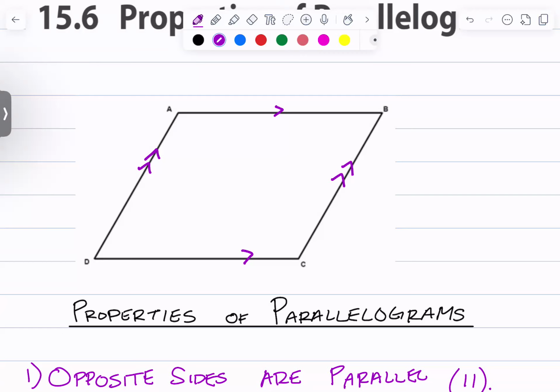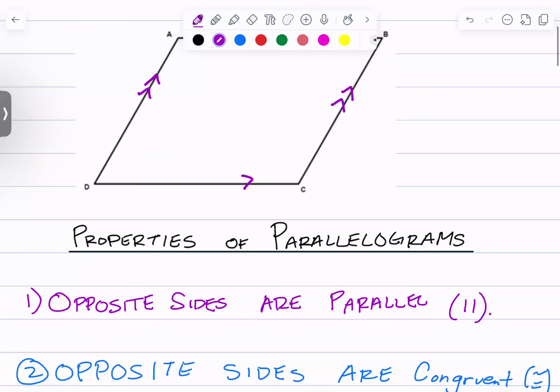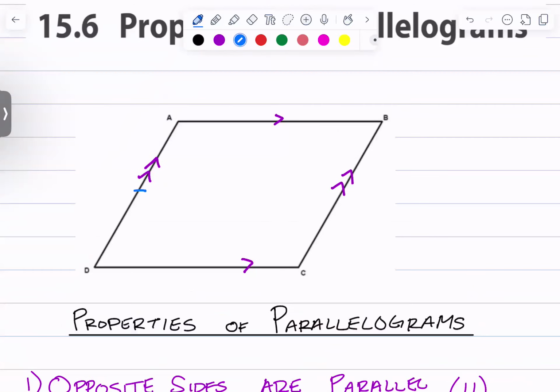So opposite sides are parallel, and then opposite sides are congruent. So they are parallel and congruent. Remember, these little tick marks signify that they are congruent. Okay.